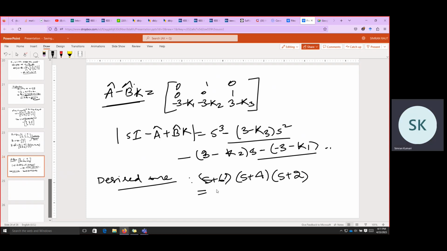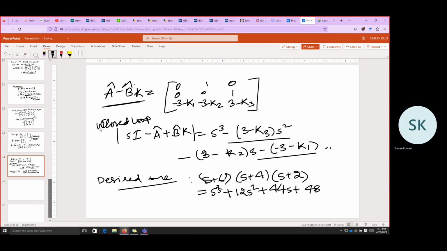Now if we expand this, we get S cube plus 12 S squared plus 44S plus 48. So this is the closed loop characteristic equation, and this is the desired one.